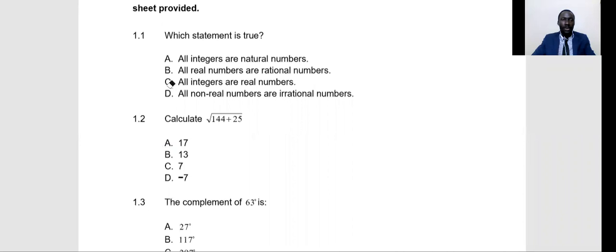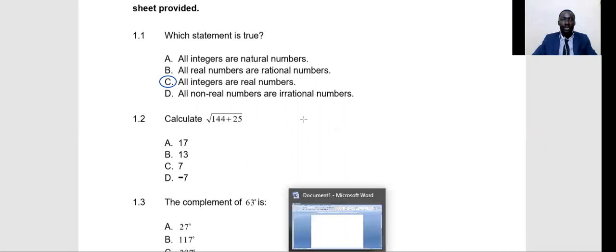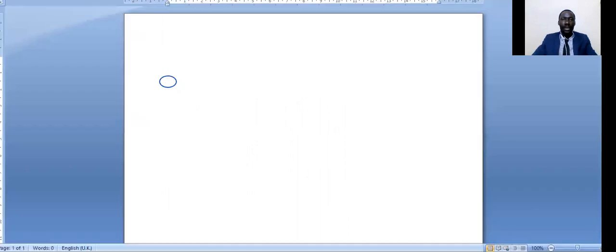So this one was C, the correct one was C. Then the next question is: calculate the value of this expression. We have the square root of 144. Let's remove this, so let's see how that is going to come.